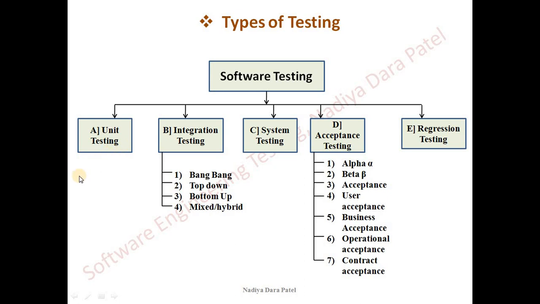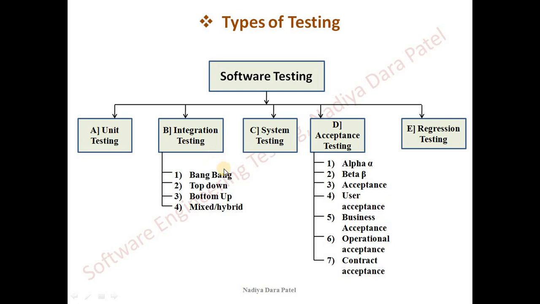White box testing and black box testing are approaches. How you perform your testing is when you select white box or black box. These are the categories, these are the major types, and approaches are different. So you should not find any types under unit.